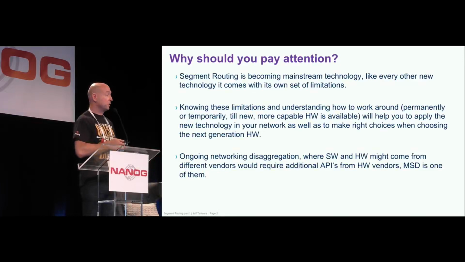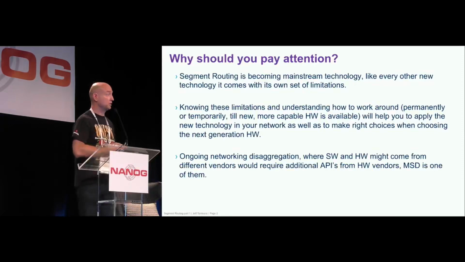Very important point: as we go through network disaggregation, we see more and more networks deploying white boxes and software that comes from somewhere else. Unless you know which MSD can be supported in a particular box, you might break your network.